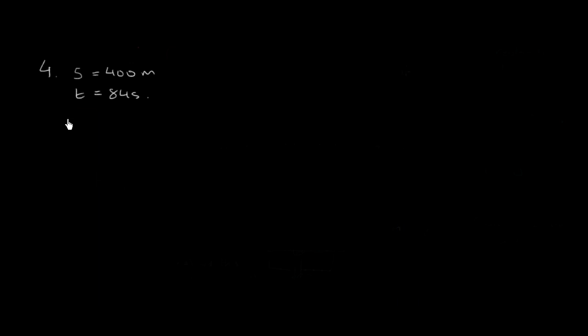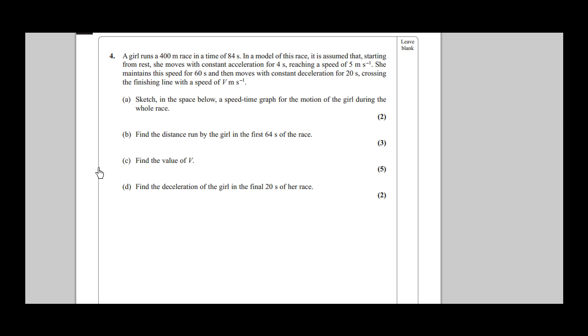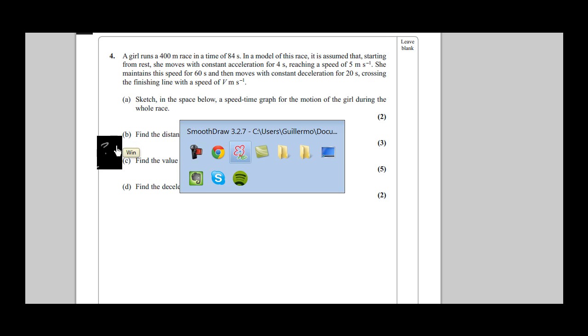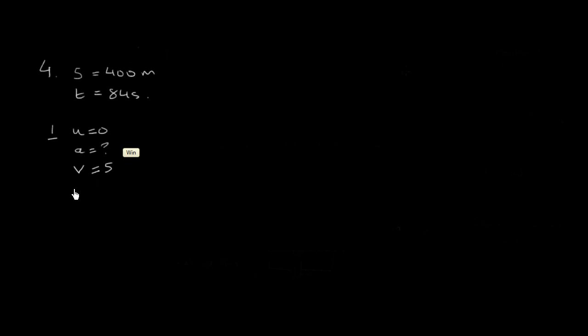So for the first section, I'm going to write here first section: initial velocity is 0, acceleration is unknown, and the final velocity is 5 meters per second in a time of 4 seconds.